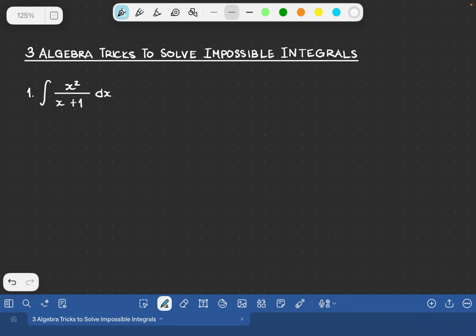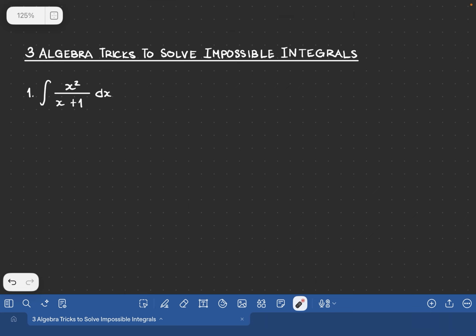So in here, of course, the first thing to do is to try to apply U-substitution. For instance, if we let u be x plus 1, which is the natural choice, then we'll get du equal to dx.